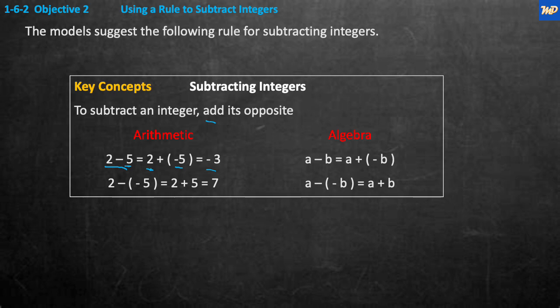Instead of negative 5, we add a positive 5. Algebraically, a minus b is equal to a plus a negative b. Same as arithmetic, a minus a negative b is equal to a plus b. Okay?